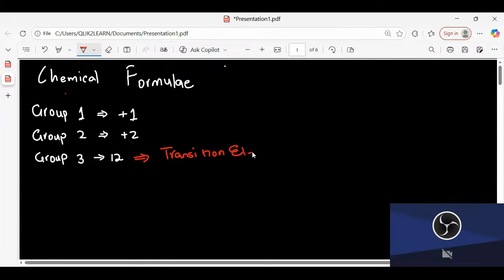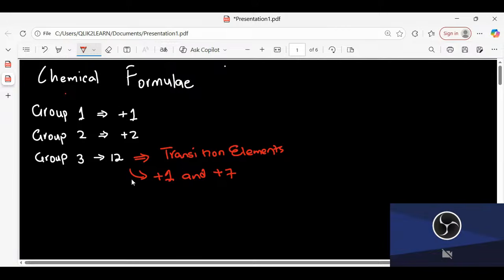So there are transition elements, and it's very important that you understand this. Since there are transition elements, you're going to say that they have charges between +1 and +7. Everything will make sense when we work on examples.